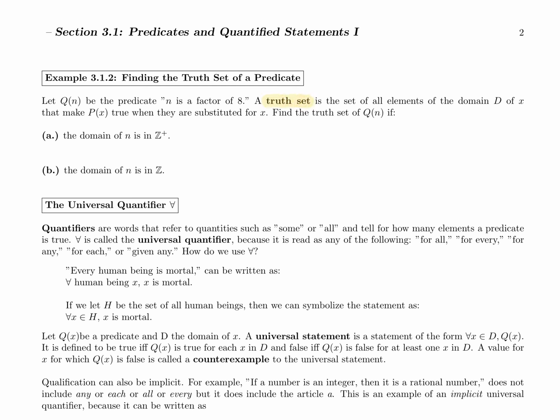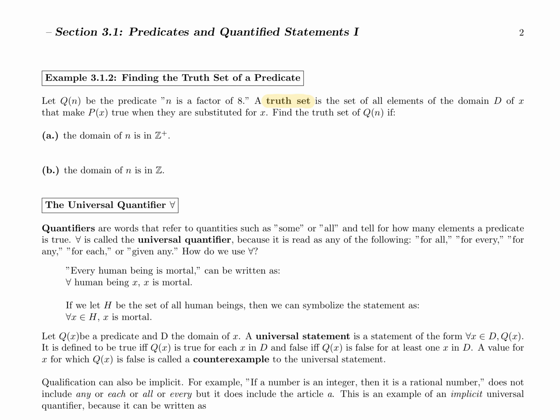A truth set is a set of all elements of the domain D of x that make p of x true when they are substituted in for x. Sounds kind of like a domain, but it's a little more complicated. It is the set of all elements from our domain that make the predicate true.